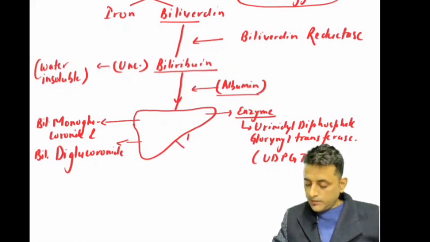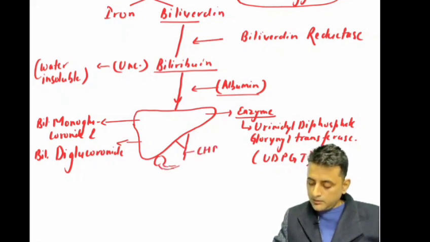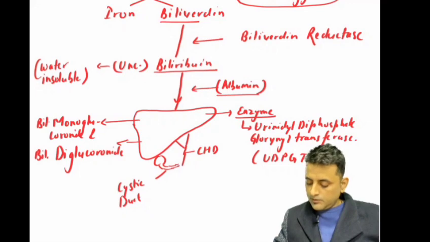So now from the right and left hepatic duct, let's say this is the gallbladder. This is the common hepatic duct. This is the cystic duct. This is the common bile duct.